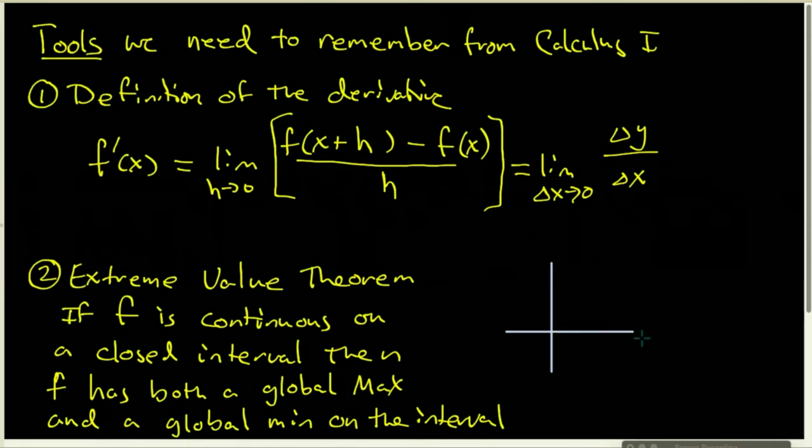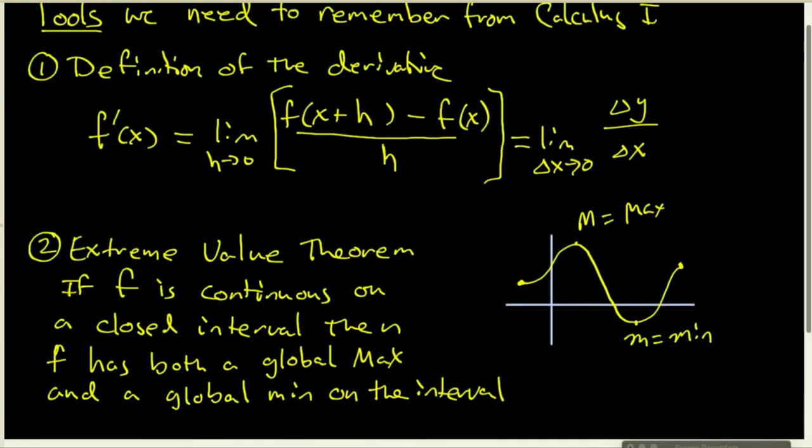If I start with a pair of axes and draw some random function on a closed interval, which means that the endpoints are part of my graph, it's clear that this is the highest point on the graph, and that would be the global maximum. This is the lowest point on the graph, and that would be the global minimum.